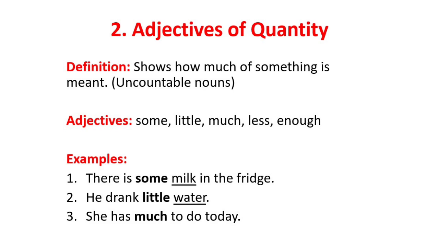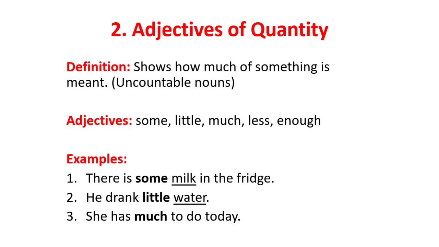So in a sentence, how we use this, see the first sentence: there is some milk in the fridge. Here milk is an uncountable noun, and just before that we got one adjective, that is some, because it is giving extra information about milk, right? And milk is uncountable, and some is telling about quantity, how much that milk is. So in the definition, it shows how much. Now here how much milk is there?